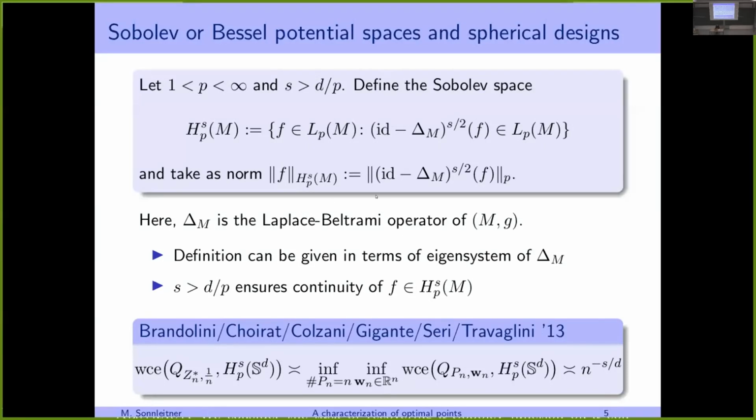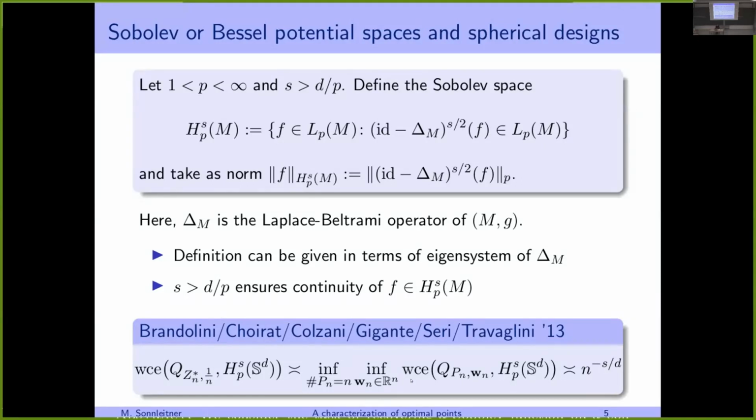And this smoothness condition s greater than d over p just ensures the continuity of these functions, such that we can evaluate them and consider these cubature rules. And now there's a result that these spherical designs I mentioned earlier, with this optimal number of points, these equal weight cubature rules attain the optimal behavior.